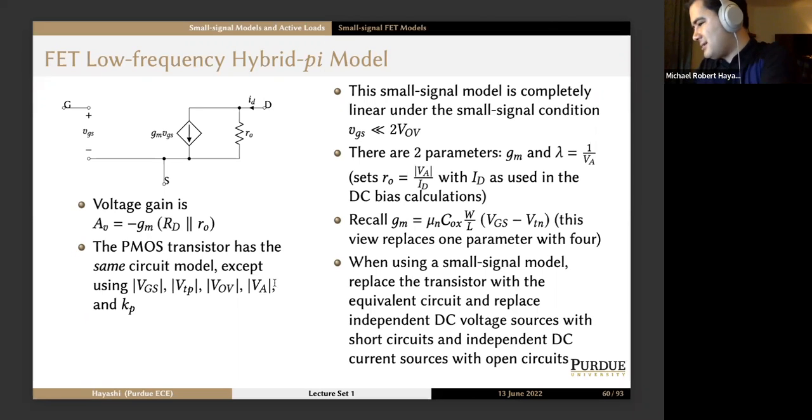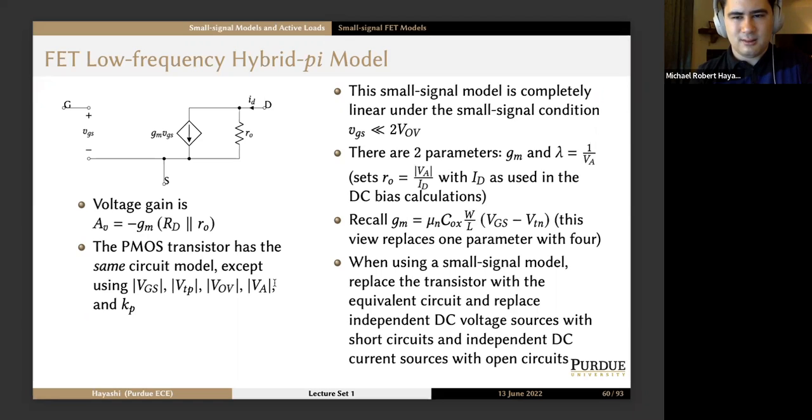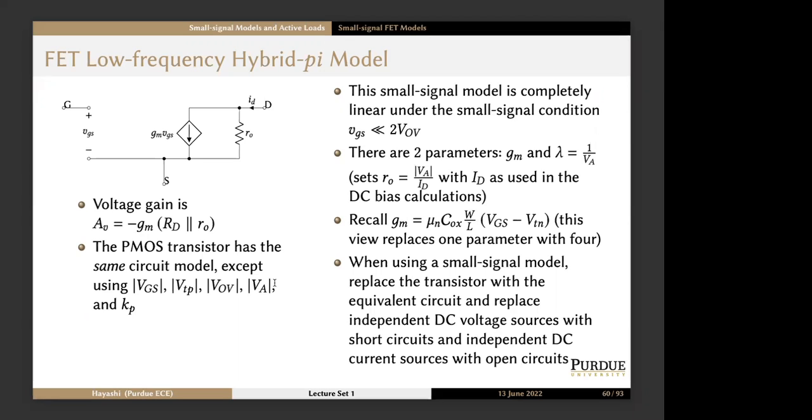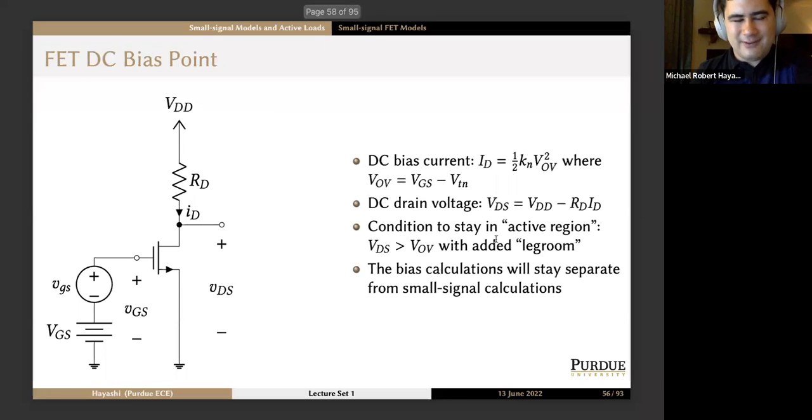Any questions about this? I'm a little bit confused because you say you use g_m as a parameter, right? Yes. But couldn't that be variable because can't V_GS change, or do I have that wrong? So if we go back to slide 56, we basically said once you calculate capital V_GS, it should be a fixed value.